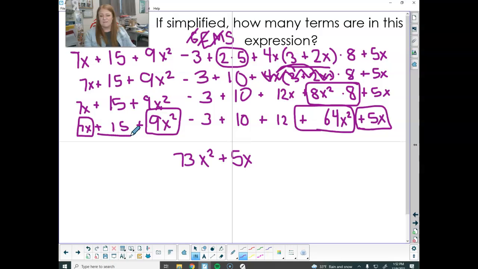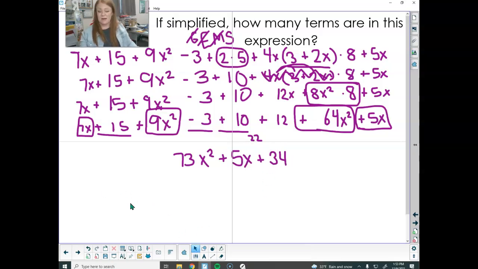Okay, now I have 15 minus 3 is 12, plus 10, so is that 12, 22, plus 12 more is 34. So now I have all my x squared, my x's, and my constants together.